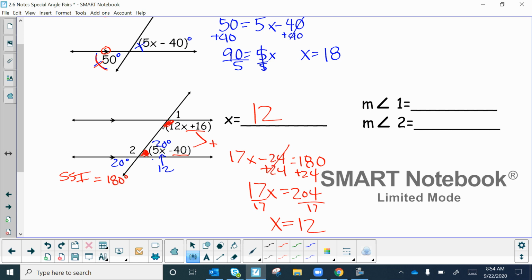Remember, alternate exterior angles are congruent. And then since those angles are 20, this angle 2 is a linear pair with that 20 degree angle. Subtract that from 180, so that means this angle 2 is 160. So angle 1 is 20 degrees and angle 2 is 160 degrees.